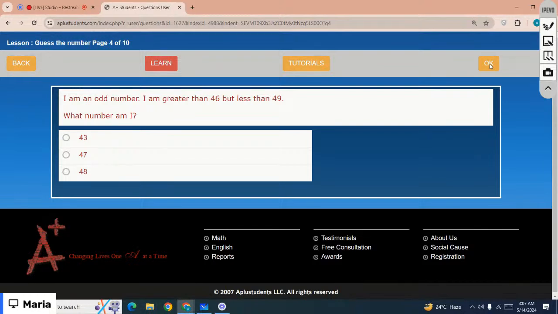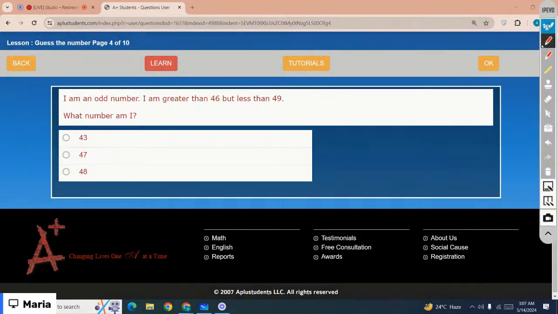I am an odd number. I'm greater than 46 but less than 49. So which is the correct option? Greater than 46 but less than 49, you have 47 and 48.